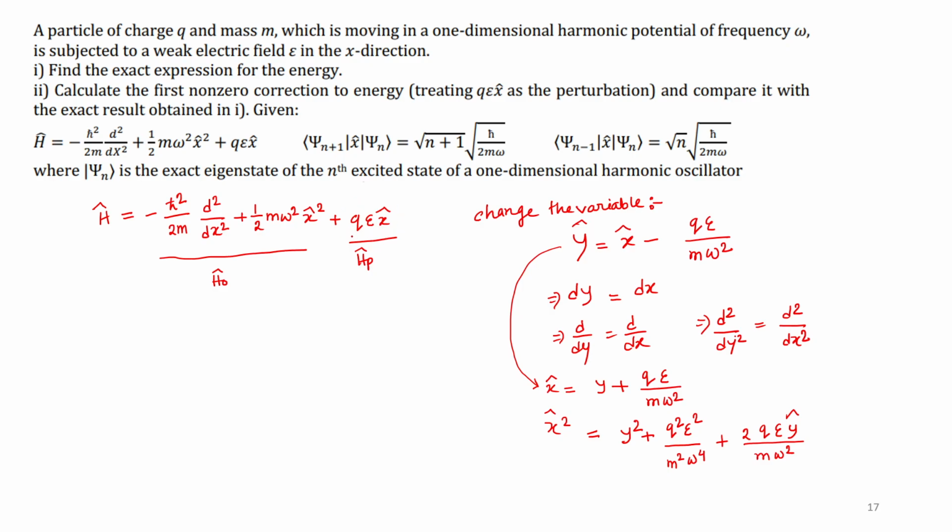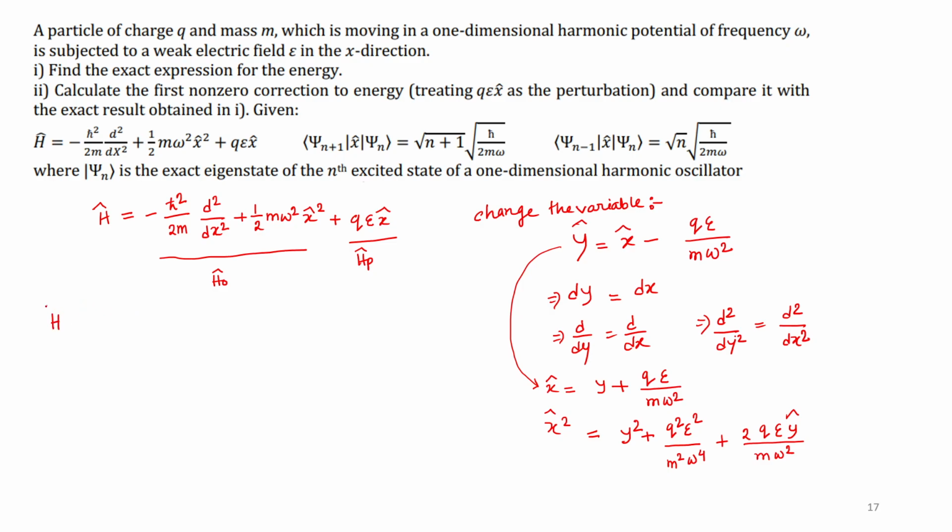But I don't want to integrate. What I want to show is how to do this without the integration. So I have just changed the variables in terms of y, another arbitrary coordinate you can say, and I will put the values here.